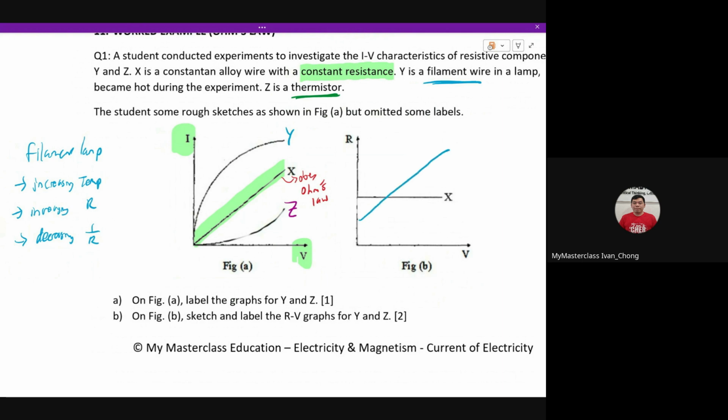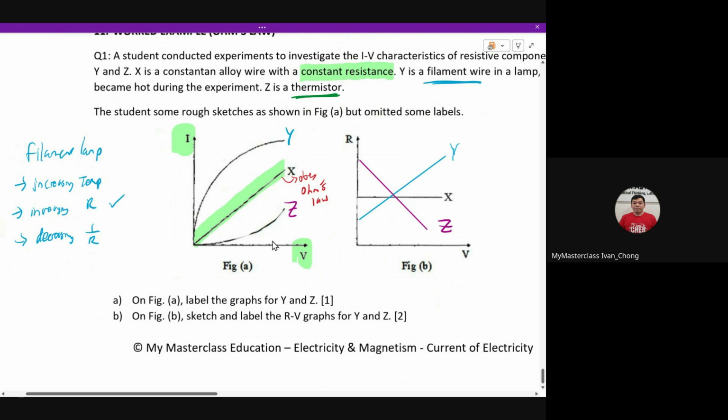So it should be a line going up, because as V increases, R also increases. For Z, Z is actually the exact opposite of Y. So if Y increases, Z must be decreasing. Can you understand?